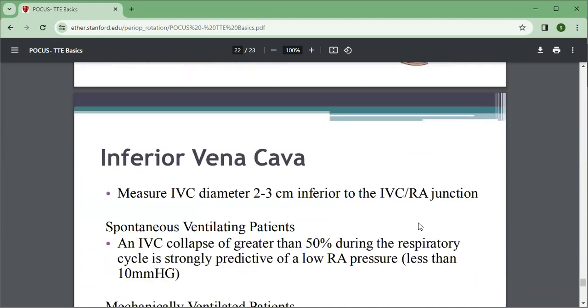The inferior vena cava diameter is 2 to 3 centimeters in a normal person.